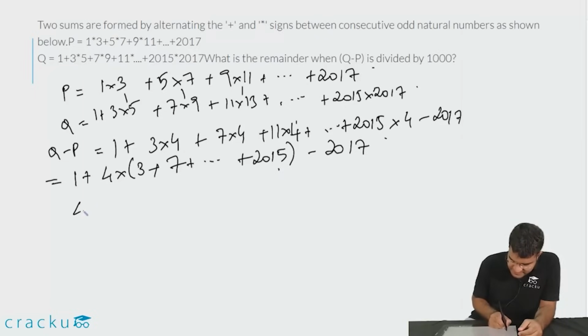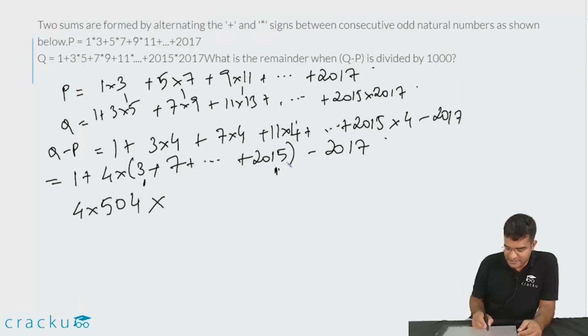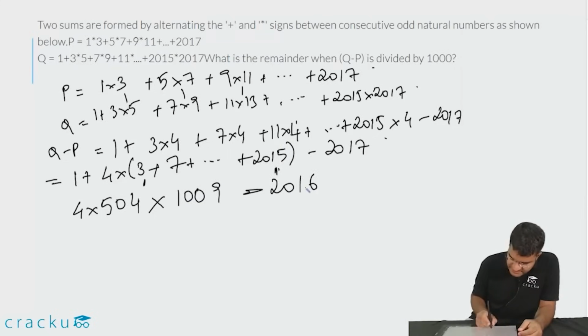So this becomes 4 into the number of terms, 504, into the average of the first and the last term. The average of the first and the last term becomes 2018 by 2, which is equal to 1009, minus 2016. We are just taking this 1 into this 2017.